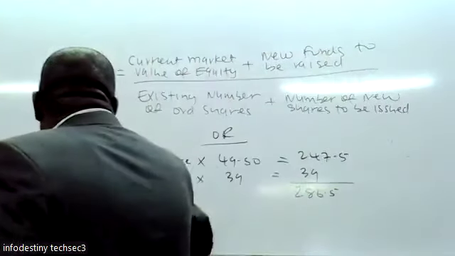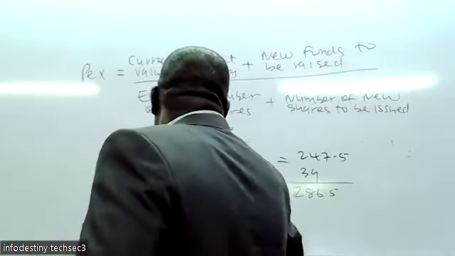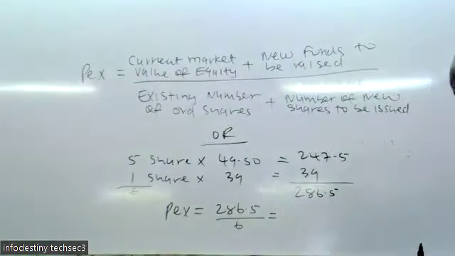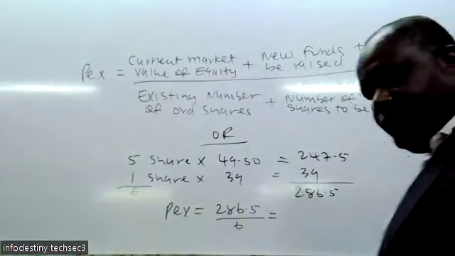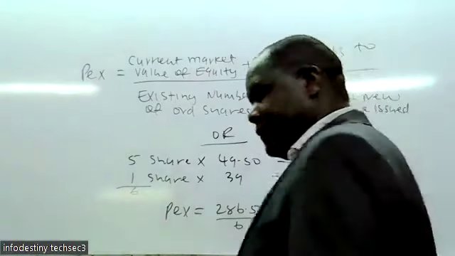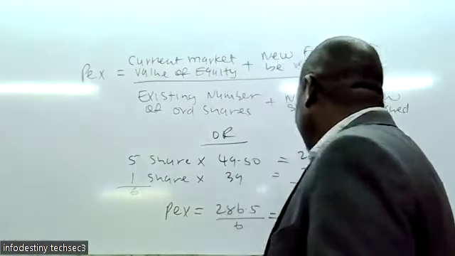So your theoretical X-right price, you are getting 47.75.